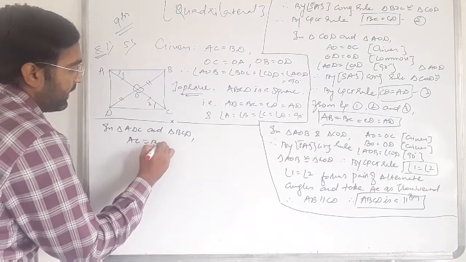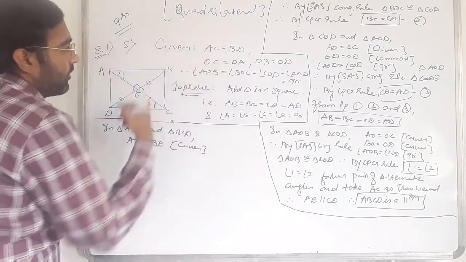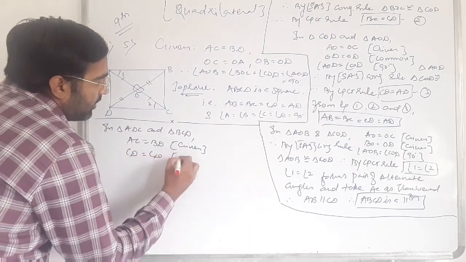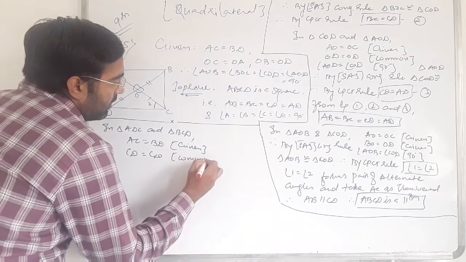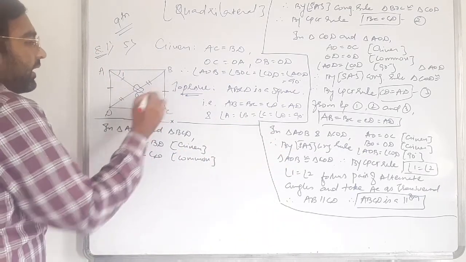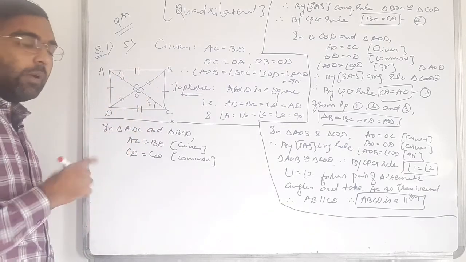AC is equal to BD, that is given. Second thing, CD is common in both of them. Now we are proving that ABCD is a parallelogram, so opposite sides are equal and parallel.